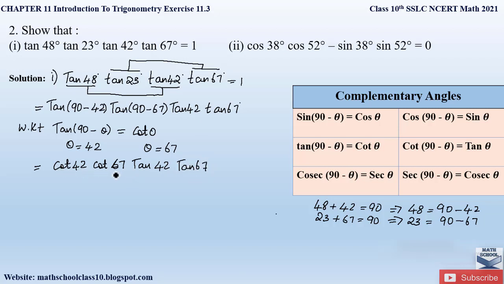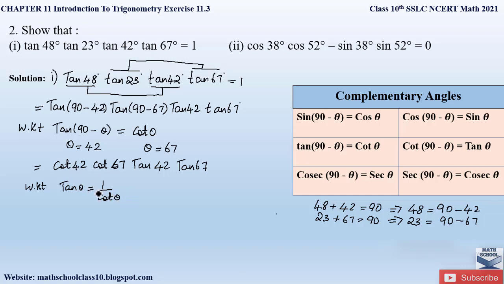Now you can observe from our trigonometric ratios the relationship between tan and cot. We know that tan theta is equal to 1 by cot theta, right? This is the relationship between tan and cot that we did in the first video of this chapter.